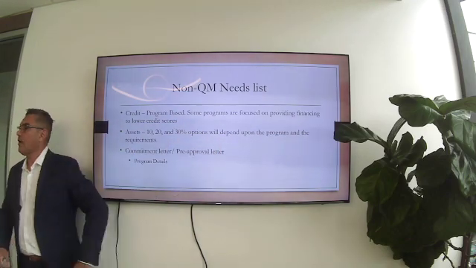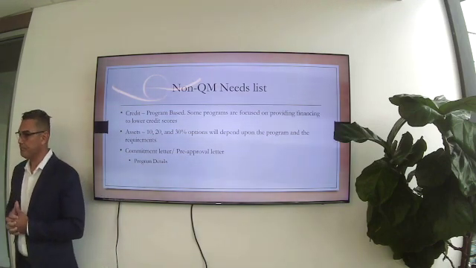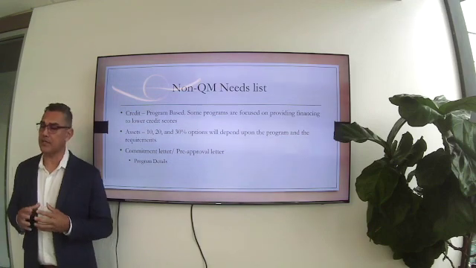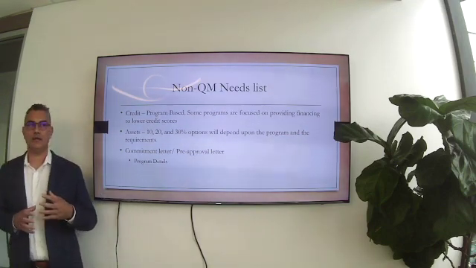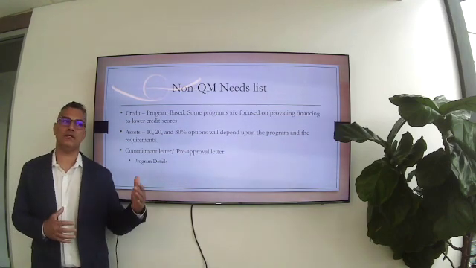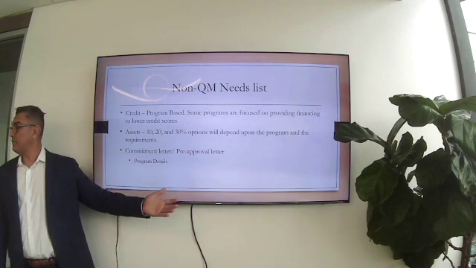Each program operates differently depending upon the credit requirements of that program. There are some programs that are geared specifically to lower credit to provide a loan to someone who is struggling with their credit situation, like we talked about, down to the 500.